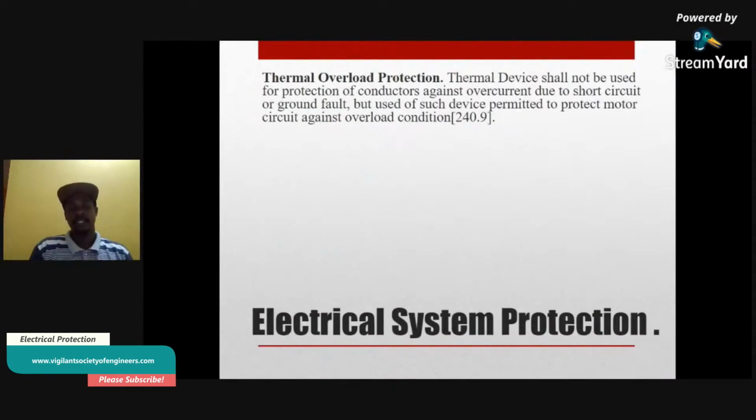Thermal overload protection. A thermal device shall not be used for protection of conductor against overcurrent due to short circuit or ground fault, all right? But use of such a device is permitted to protect a motor circuit against overload condition.